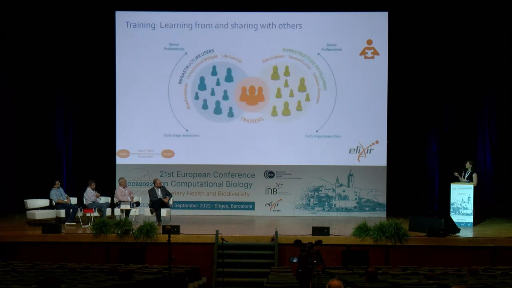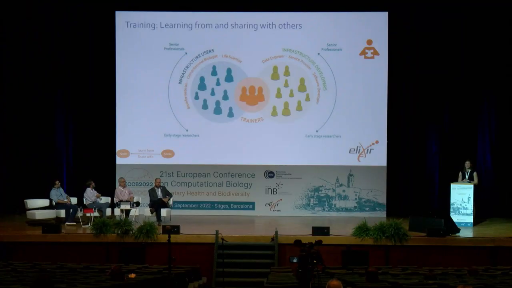But much of the information that is there will be on the next slides, and they will be shared with you as well. So training is learning from and sharing with others. So it's really about the community and the people that come together. The knowledge is often with some people. The training needs to be carried out by potentially others, and it somehow needs to reach the users. You can see that research infrastructures play a role in all this as well, specifically when it comes to training in domains that ELIXIR cares very much about, and the trainers are at the core.